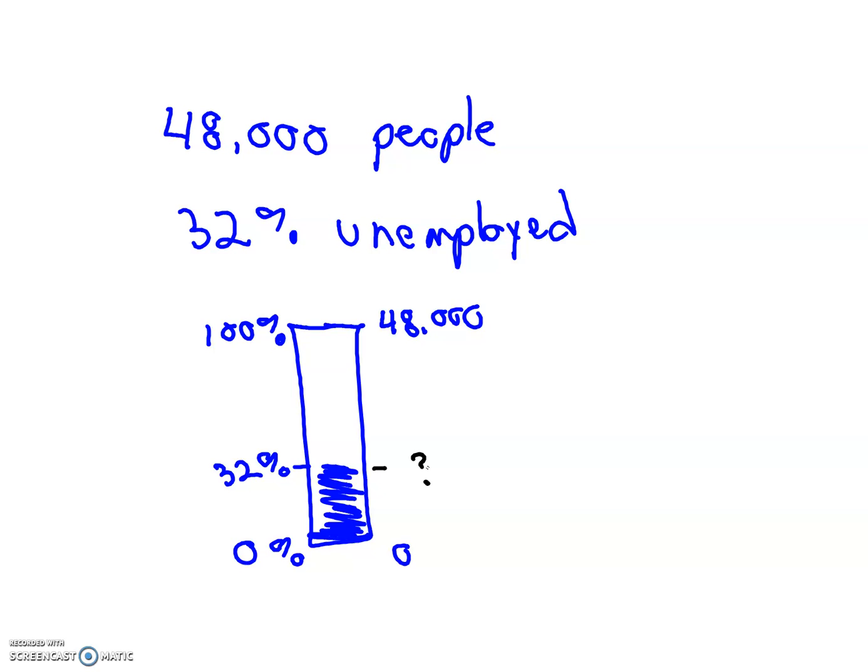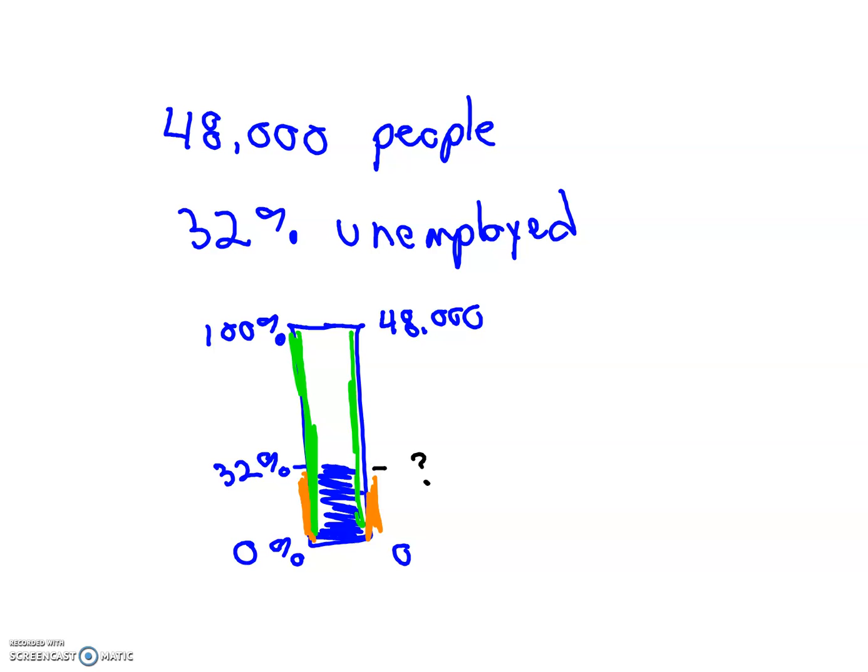And we learned kind of a cool trick. We said, if I think of this distance right here as a fraction of this distance, then this distance right there is the same fraction of that distance.